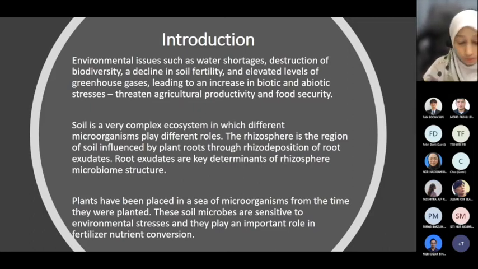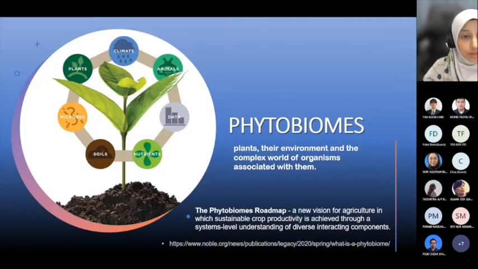Okay, so talking about these environmental issues, soil, plants, all these components lead us to look at the bigger picture of the plant and soil ecosystem, the part of the microbiomes.